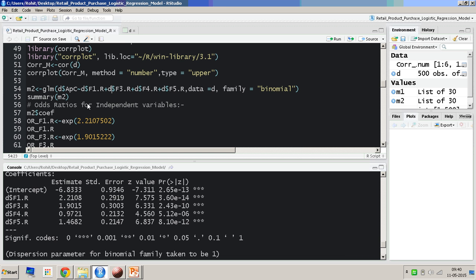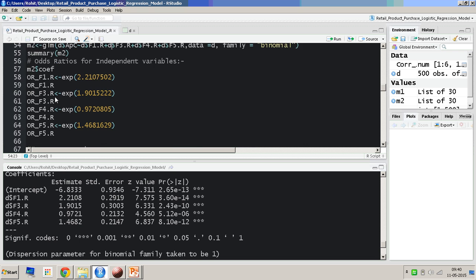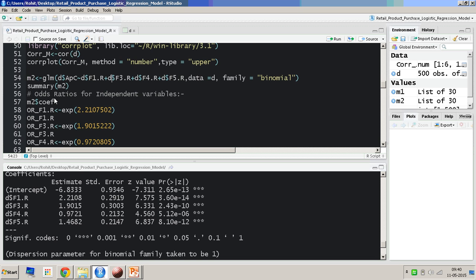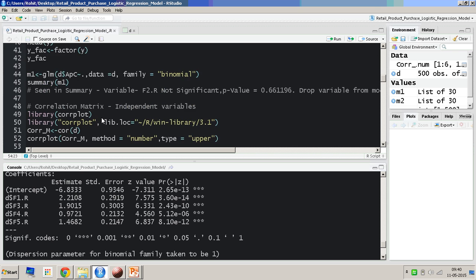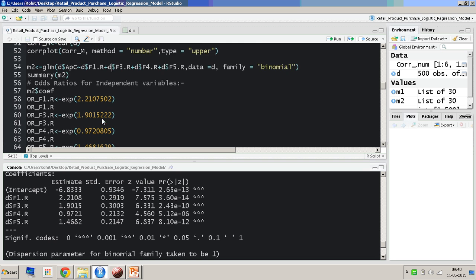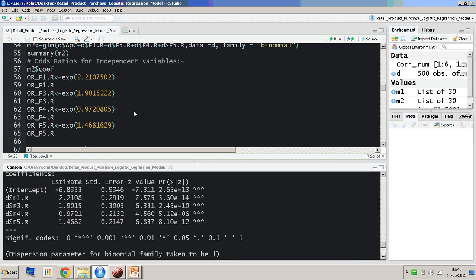So what exactly is the odds ratio? The odds ratio is basically the odds of a particular variable within the model being more significant or impacting the dependent variable while keeping all of the other variables constant.